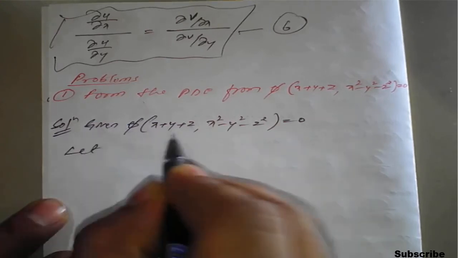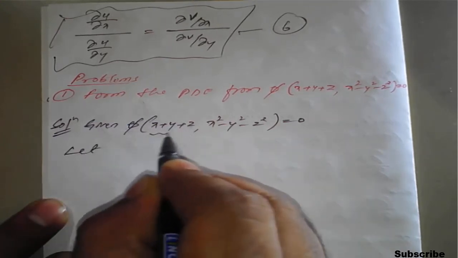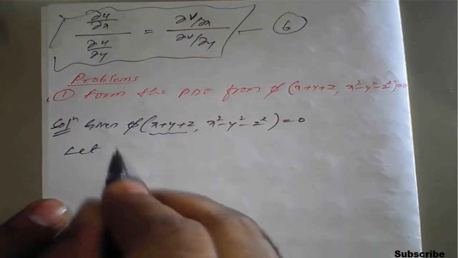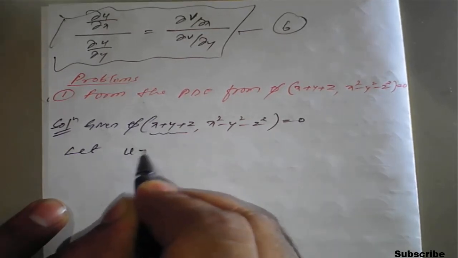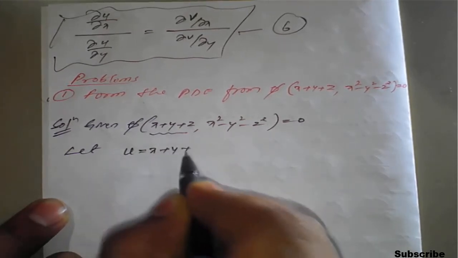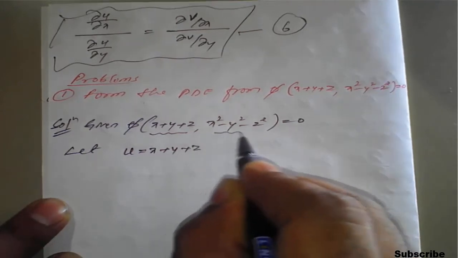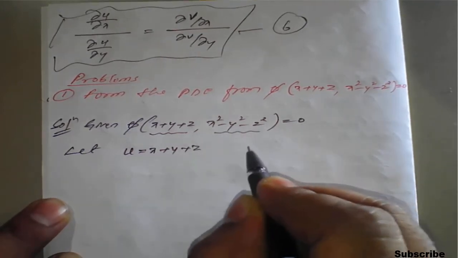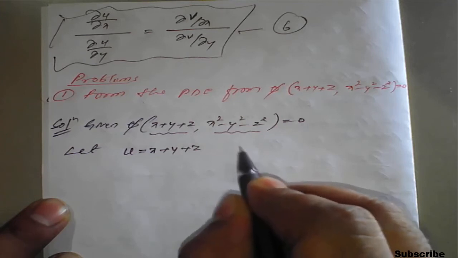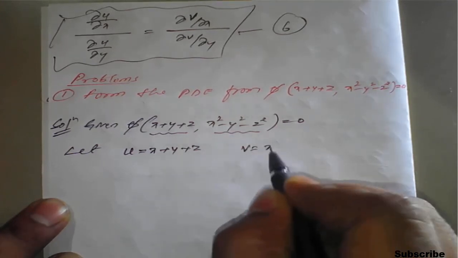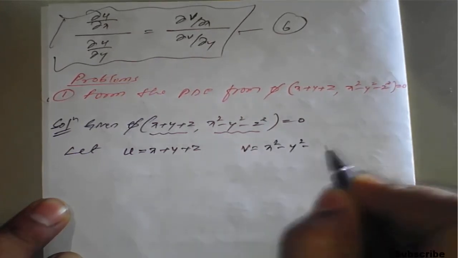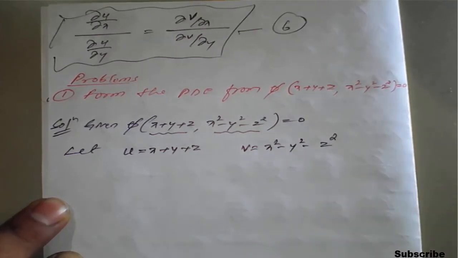let the first, this x plus y plus z, we will consider as u is equal to x plus y plus z, and this second variable we will consider as v is equal to x square minus y square minus z square.